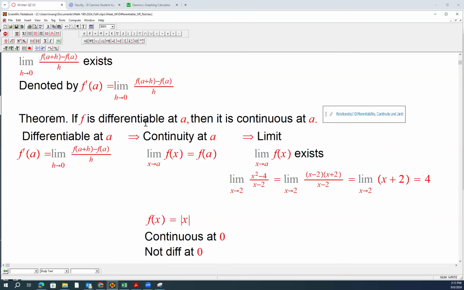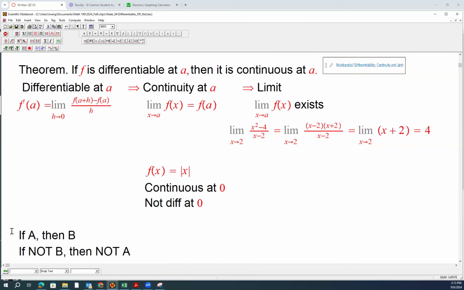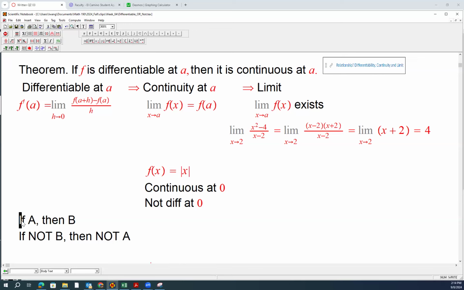Let's see what will make a function not differentiable at A. There's a very simple logic we'd like to review; for some of you it may be review, for some of you maybe you learn it for the first time. This is how it goes. If A, then B. If this is true, if A happens, then B happens.